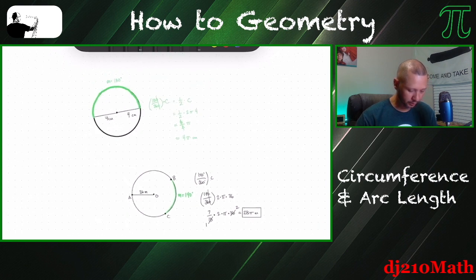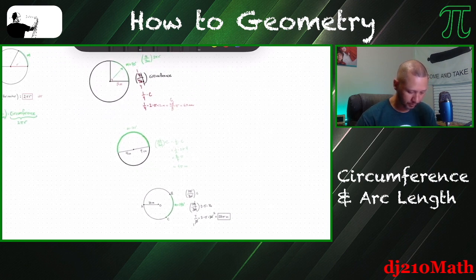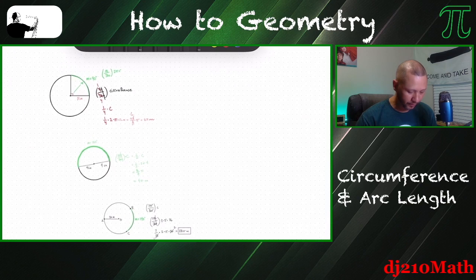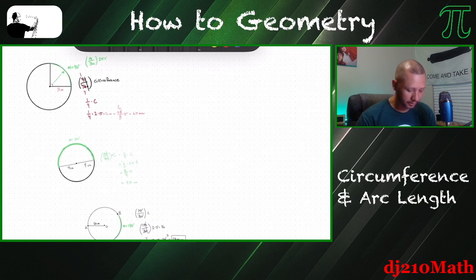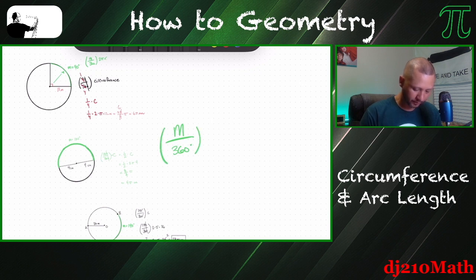In all three of these examples, finding the arc length is fairly simple. We take the measurement of the given arc, divide it by 360 degrees, times 2 pi r, which is basically the circumference.